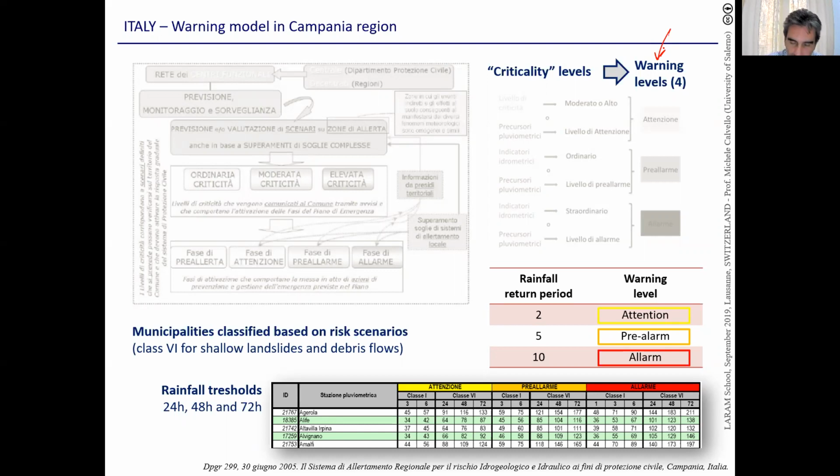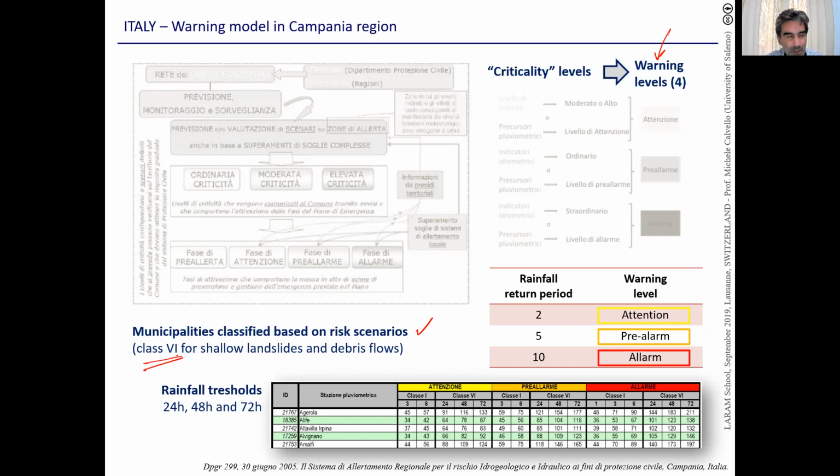Well, the warning model is based on the fact that each municipality has been classified based on risk scenarios, and some of them have the possibility of having shallow landslides, debris flows, because of the configuration of the terrain in the different municipalities. Once you are in those municipalities, there is a list of municipalities, each one is associated to a specific rain gauge.